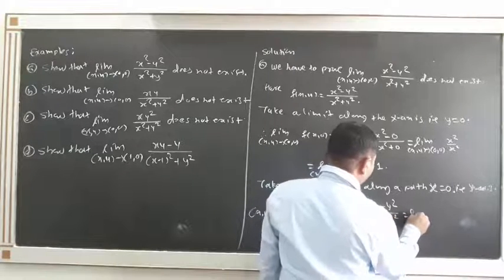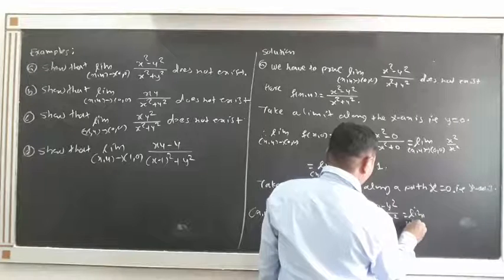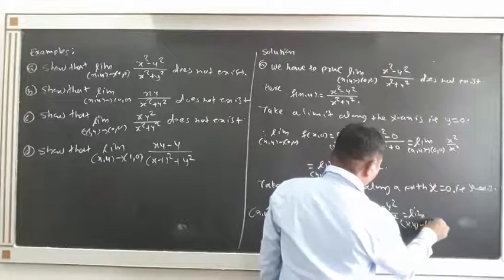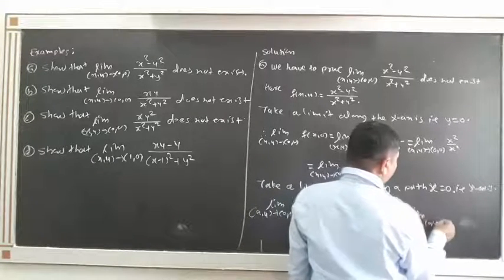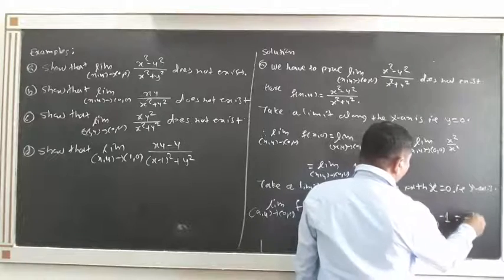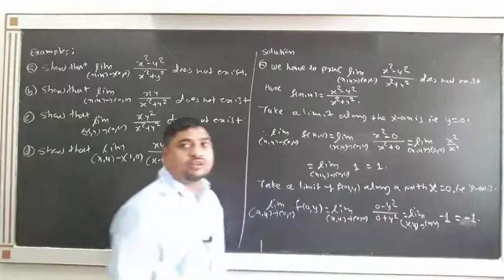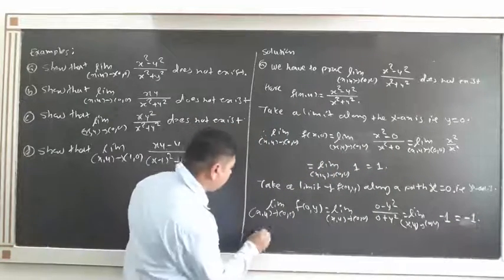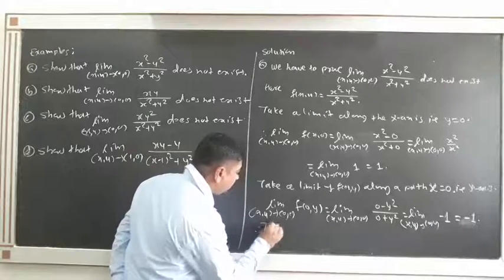Y square gets cancelled, and the limit is minus 1.